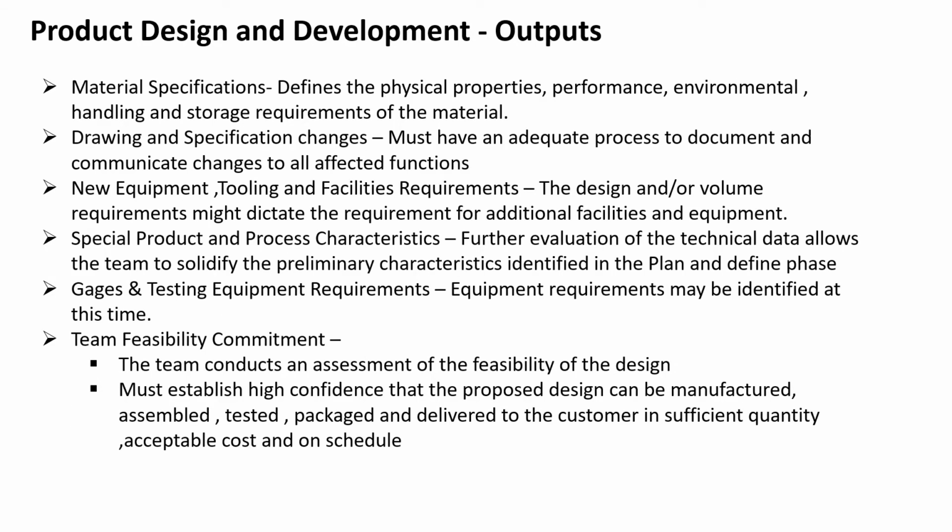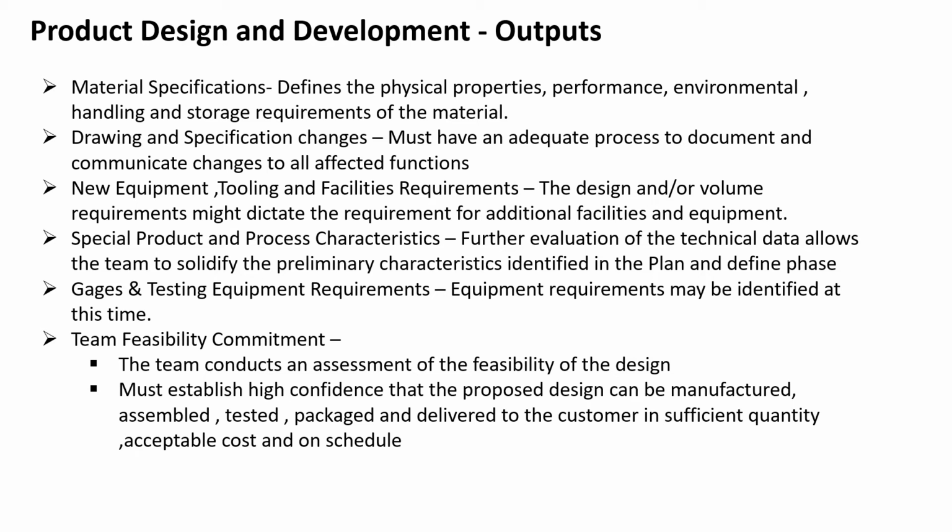So these are a few more outputs. Material specifications define the physical properties, performance, environmental, handling and storage requirements of the material. Drawing and specification changes: there must be an adequate process to document and communicate changes to all affected functions.